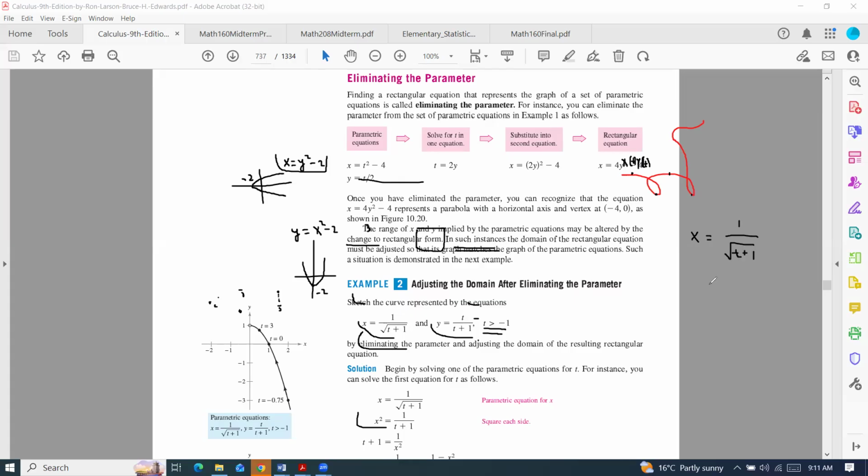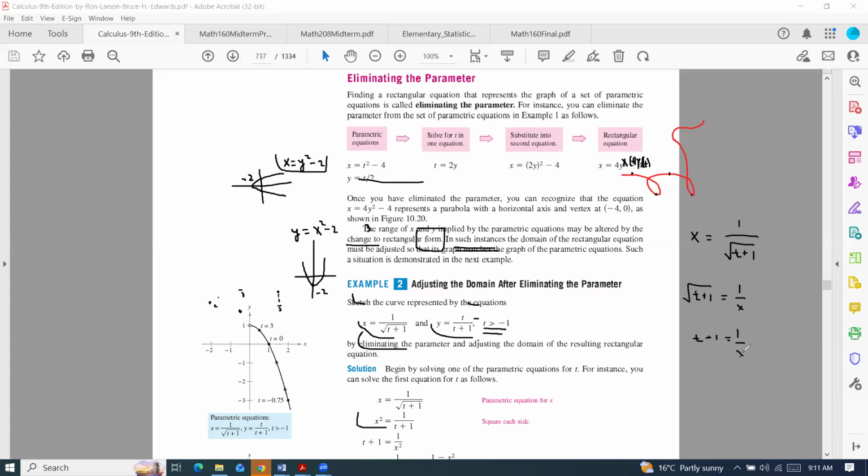Well, first of all, I can write that t plus 1, if I flip both sides of my equation, is equal to 1 over x. So any way you like to isolate t, then you square both sides. So you're going to get t plus 1 is equal to 1 over x squared, right?